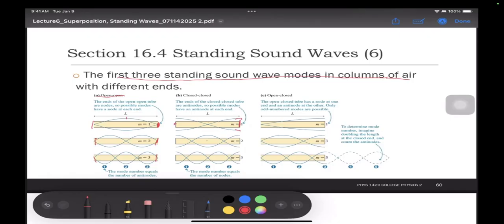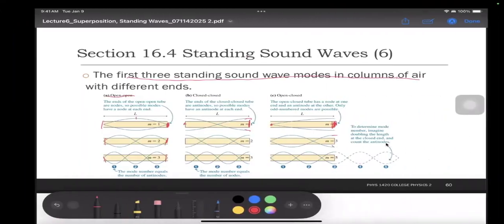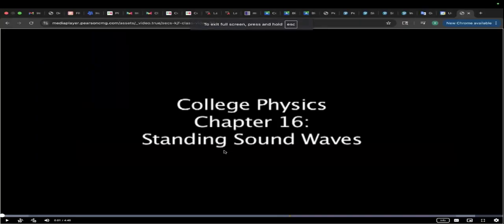For open and closed, the closed part will be the antinodes, and for the open part, it will be nodes. Similar thing, it is node, antinode. So this is the standing sound waves summarized. Let's see a video here.